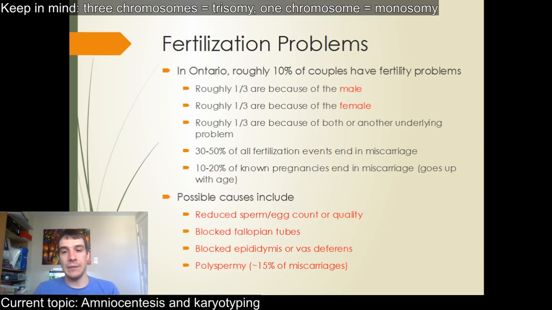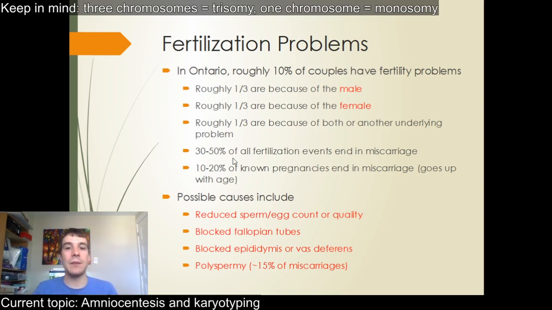I was reading about this, there was one case of a baby that had that and survived until 7 months, but never developed. Just stayed like a big baby for 7 months and then died from some kind of immune problem. So polyspermy is like all the trisomies together, because you'll have 3 copies of every single chromosome. It's just bad.